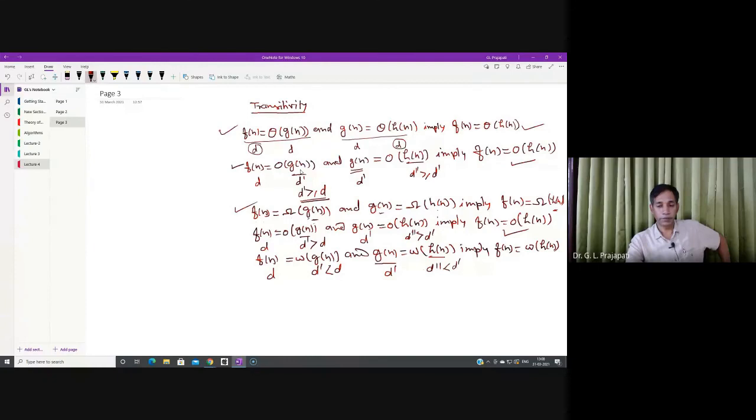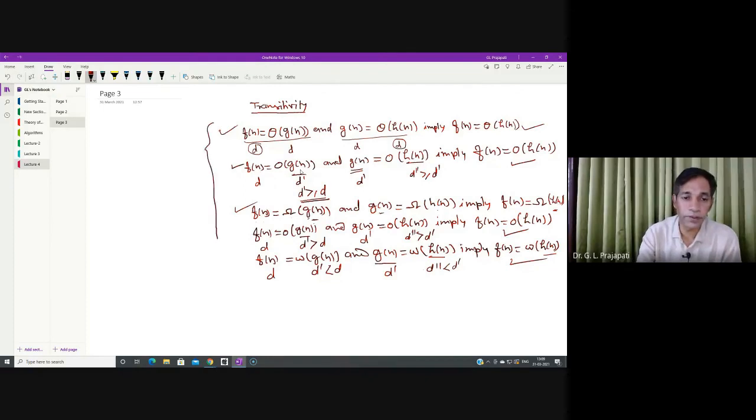So this means degree of h of n is less than d dash, and d dash is less than this. So degree of h of n is less than g of n, it means h of n degree is less than f of n, and this is true. So this also satisfies the transitivity. So all 5 asymptotic notations satisfy the transitivity relationship.